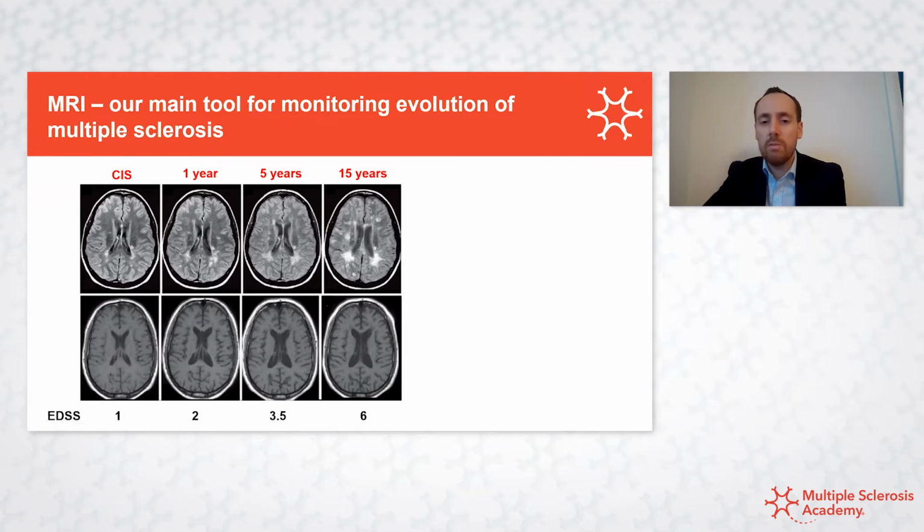Of course, this was from an era where treatment wasn't widely available. And you can see over time the evolution of their disease with an increasing number of T2 lesions developing over 15 years, increasing brain atrophy, and that's paralleled by worsening and progression of their MS from CIS to secondary progressive MS over a 15-year period.